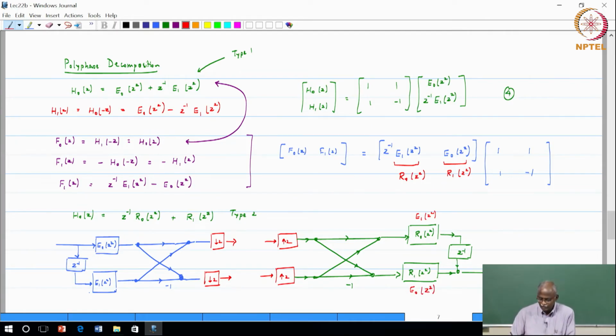Okay, these are equal. So, this is the overall structure that we have obtained.